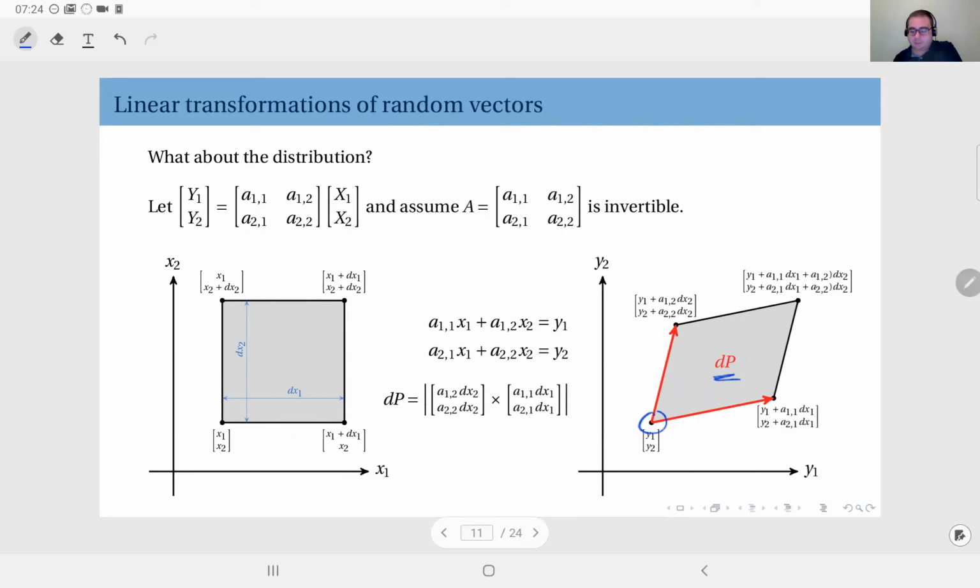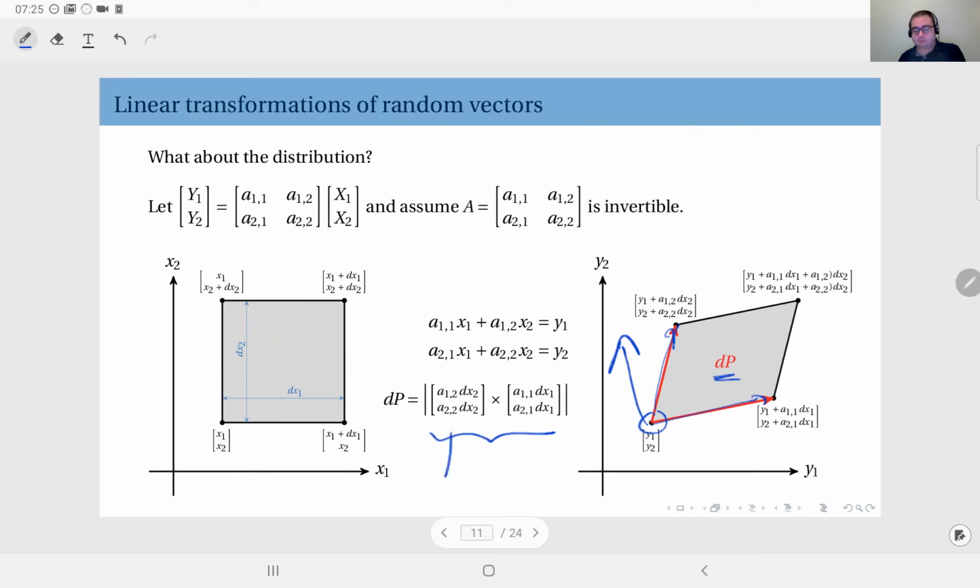The cross product of this by this will give you a vector in the third dimension, which is orthogonal to this plane. But we are not interested in its direction. We are just interested in its magnitude, which by definition of the cross product can be written as this expression.